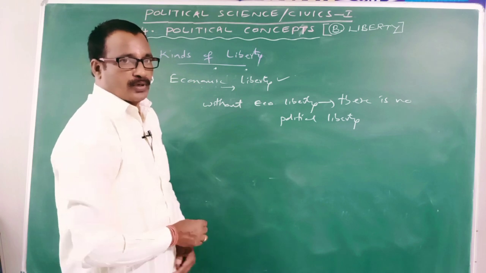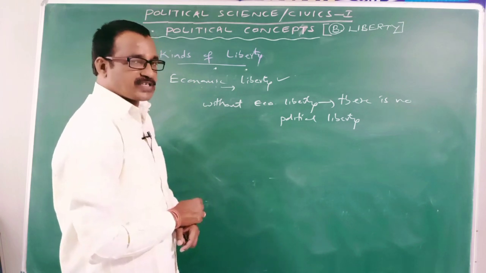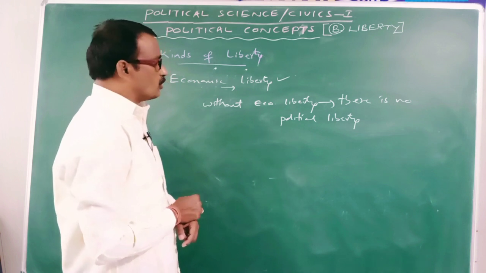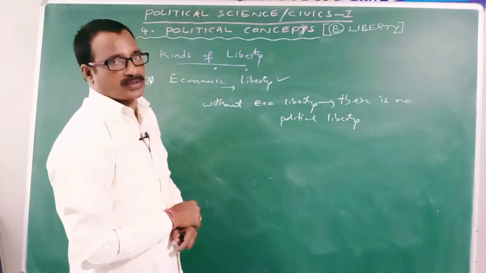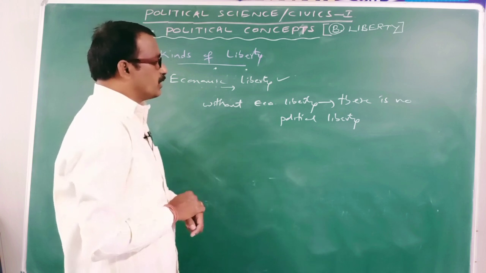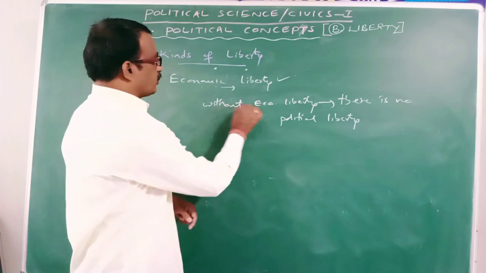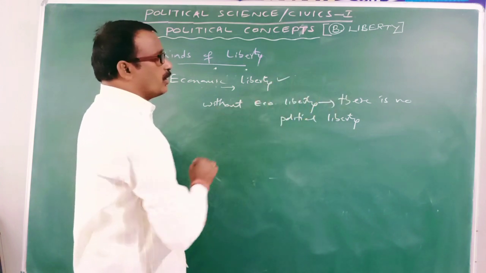For example, the people who are economically sufficient will be able to enjoy their political liberties, whereas poor people cannot enjoy their political rights in terms of elections. Clear? So without economic liberty there is no political liberty.